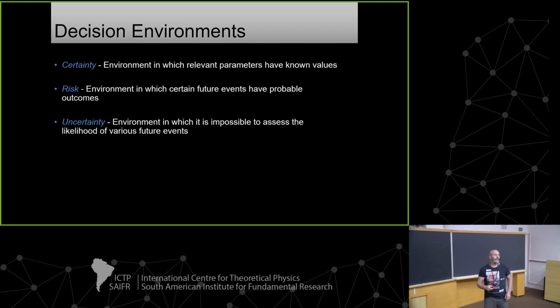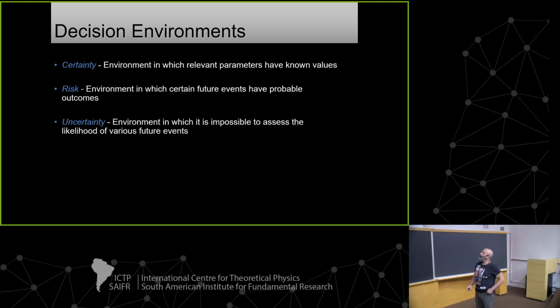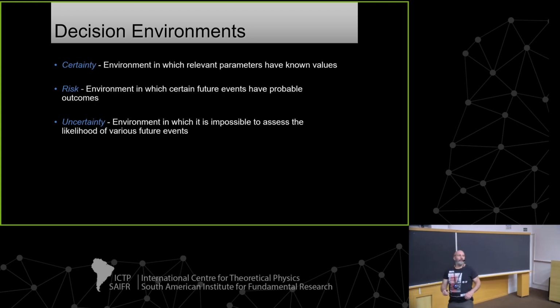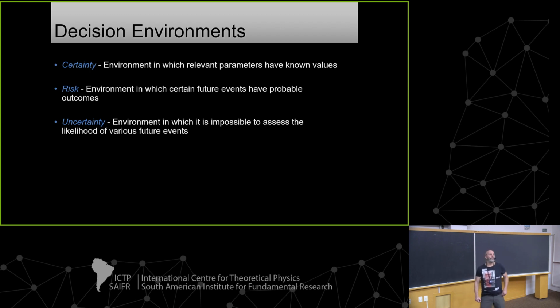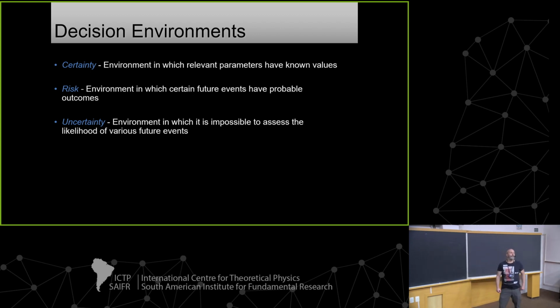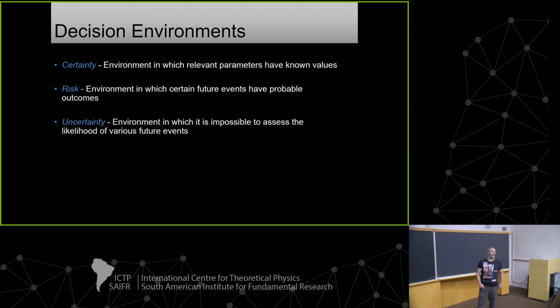But in that last scenario, you know the possible outcomes, right? Yes, but you can't assign probabilities. I would add a last one, which is not knowing even what the possible outcomes are. That's an even worse scenario, I think. Yes, okay.